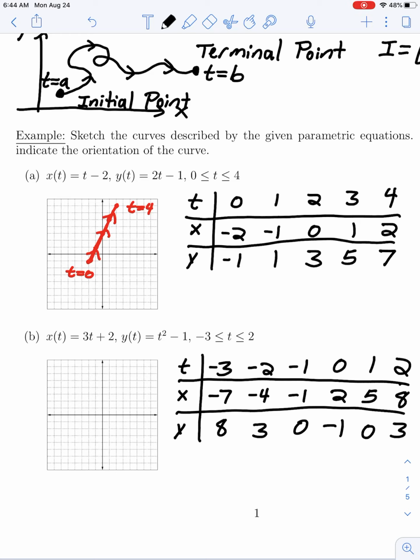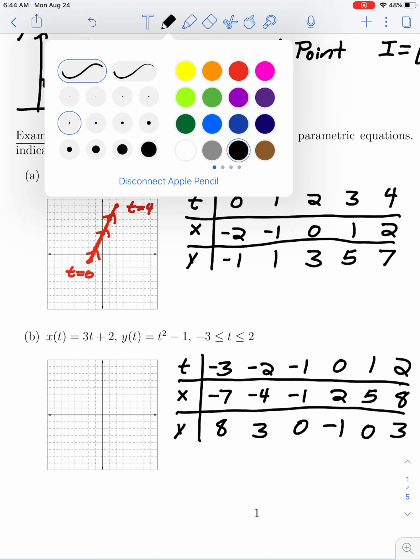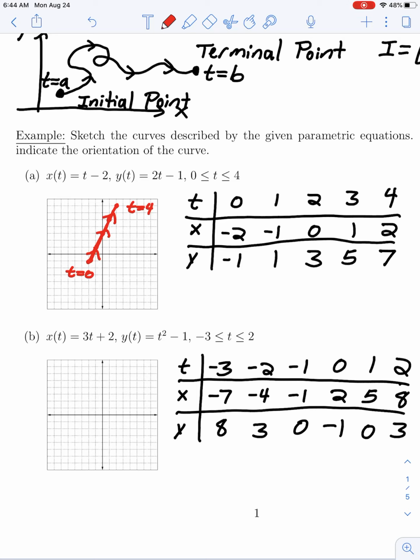So let's plot the points that we found for x and y on our grid here. So starting with t equals -3, we had an x value of -7, y value of 8. So this was our initial point corresponding to our starting value of t, which was -3. Then when t was -2, we had the point (-4, 3).